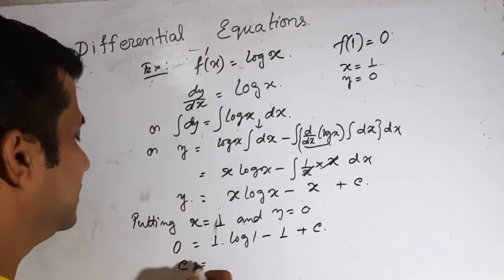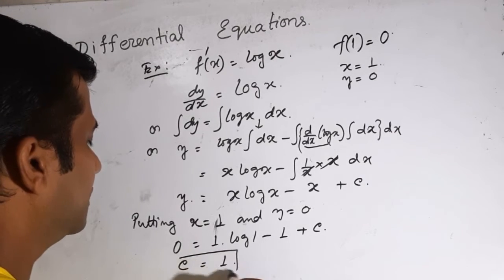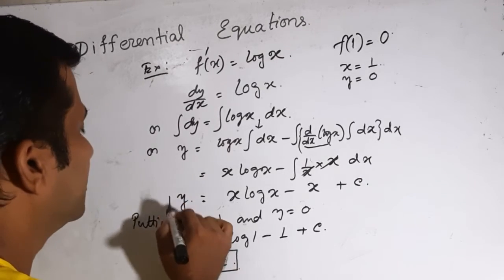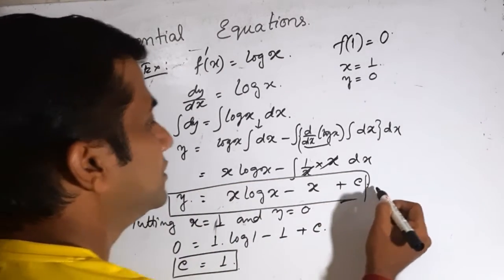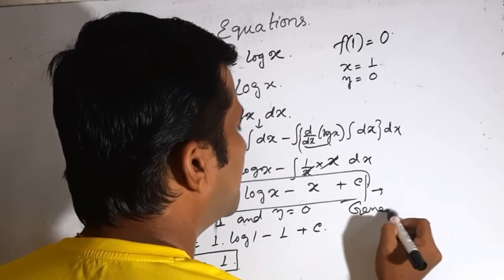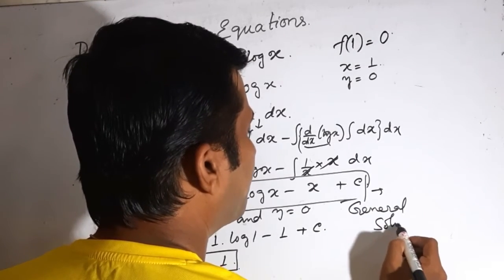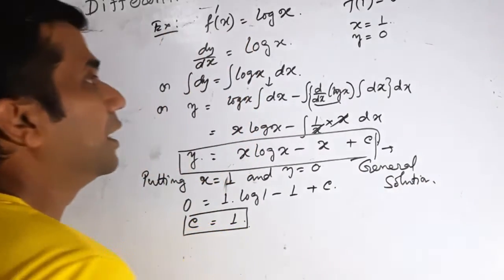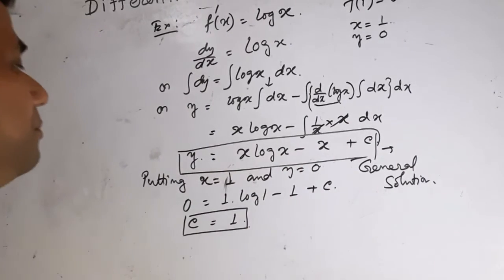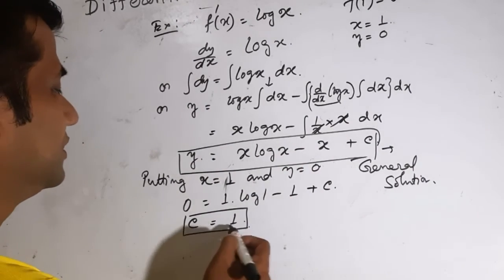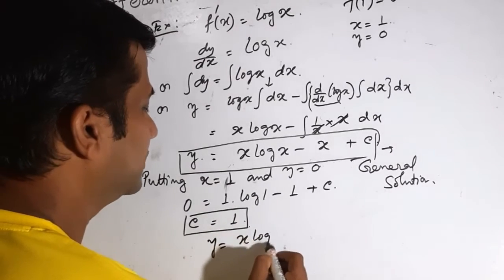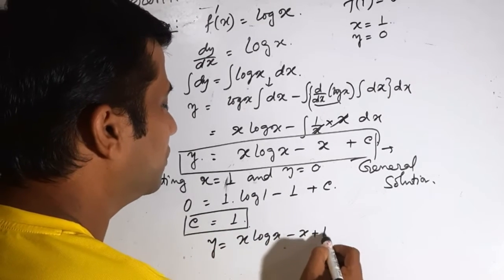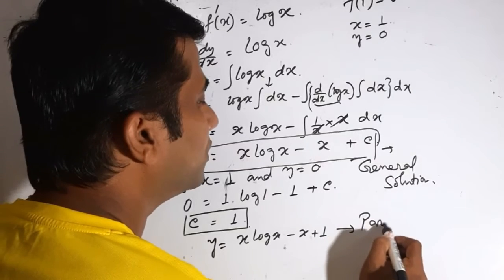That means c is equal to 1. So from here, this is the general solution. And putting a particular value of the arbitrary constant, we get c is equal to 1 and y is equal to x log x minus x plus 1 is the particular solution.